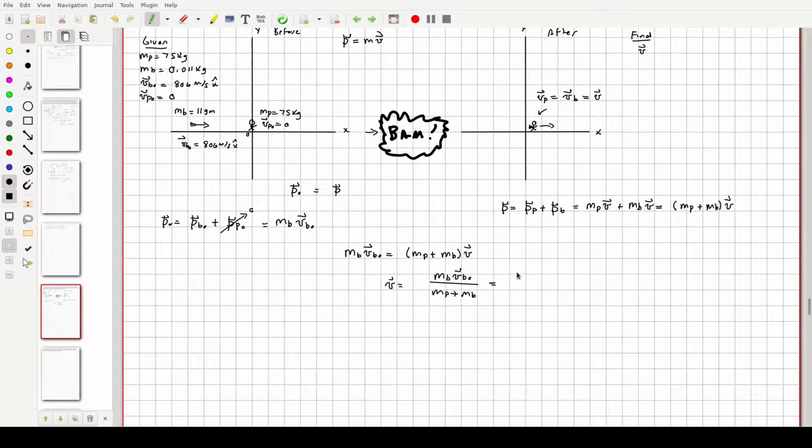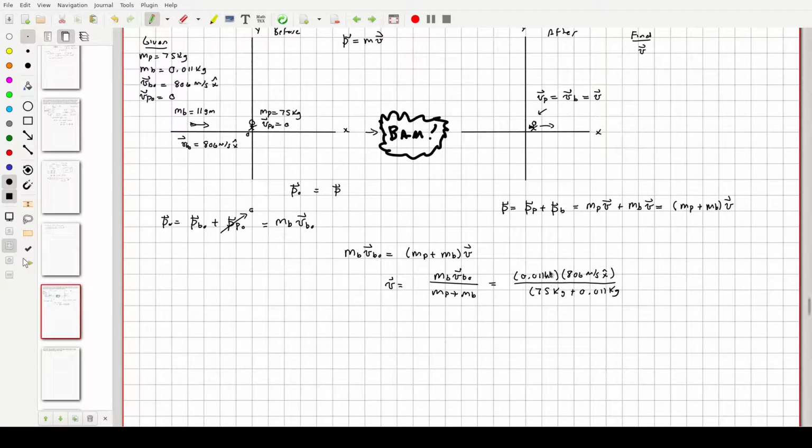What do you get when you do this? What's the mass of the bullet? It's 11 grams. What's the velocity of the bullet? 806 meters per second in the x-hat direction. Divided by 75 kilograms plus 0.011 kilograms.